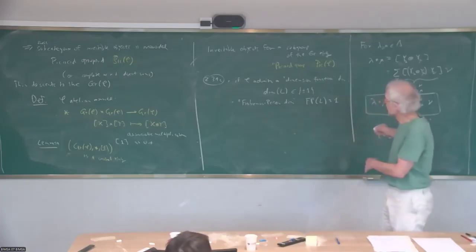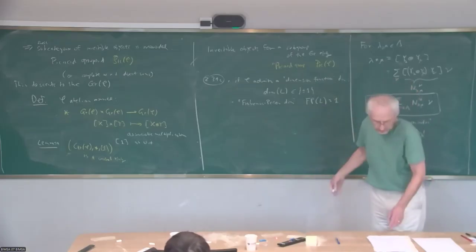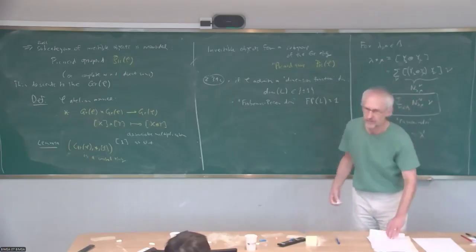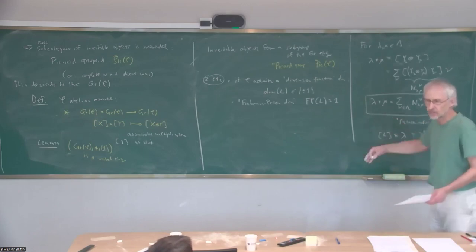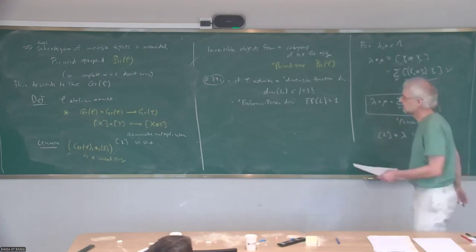So now, how did we come to that? I want to give examples of algebras, and the point is that I want to give examples of algebras which, as objects, are direct sums of invertible objects.